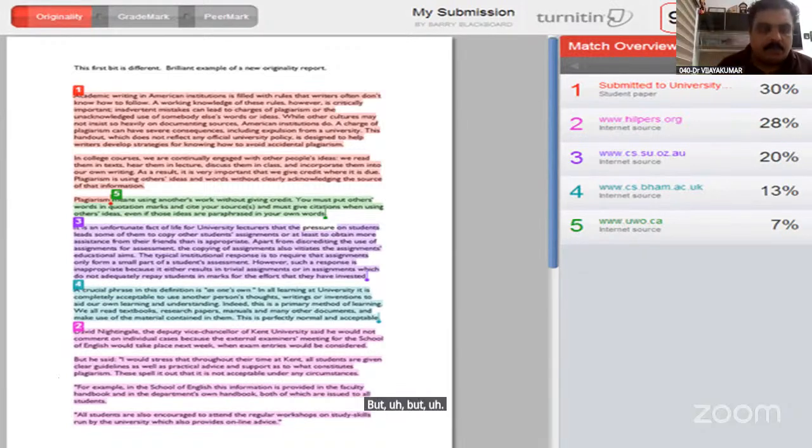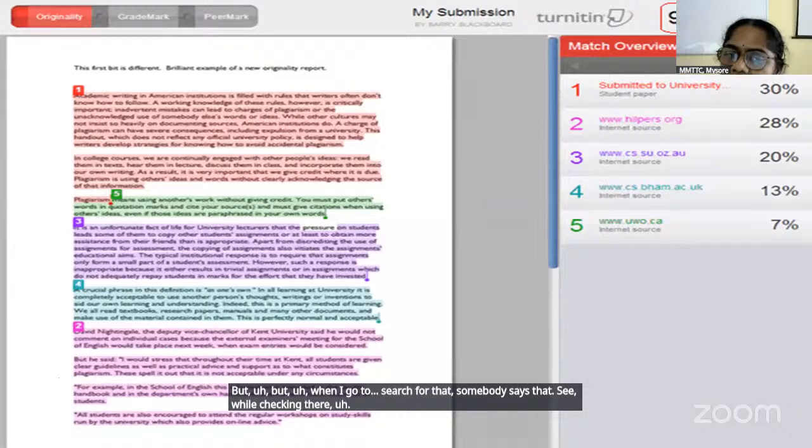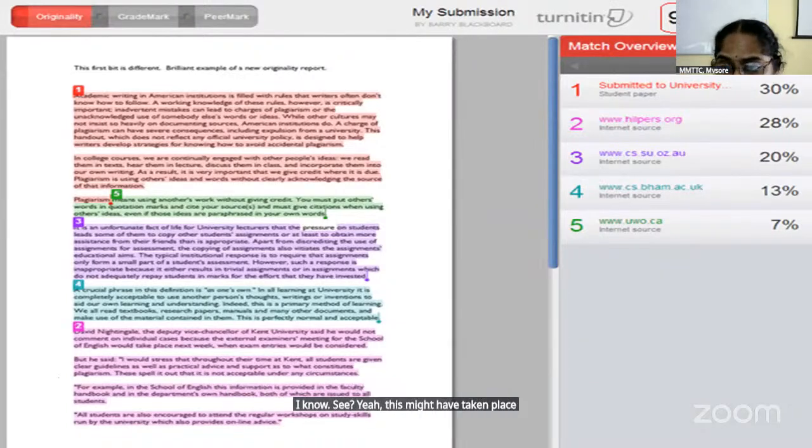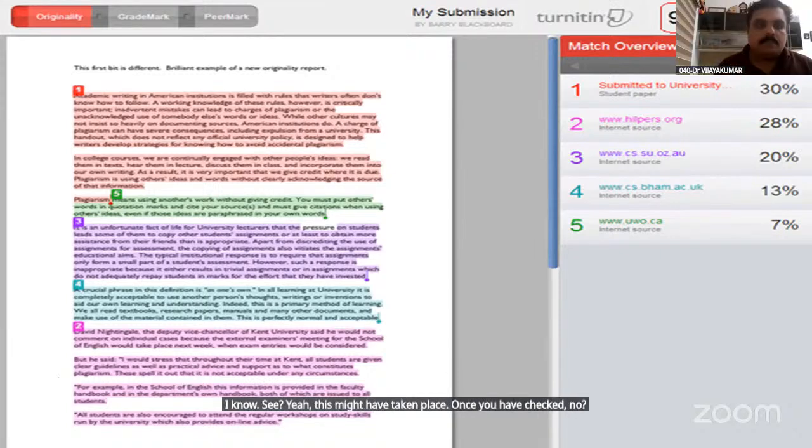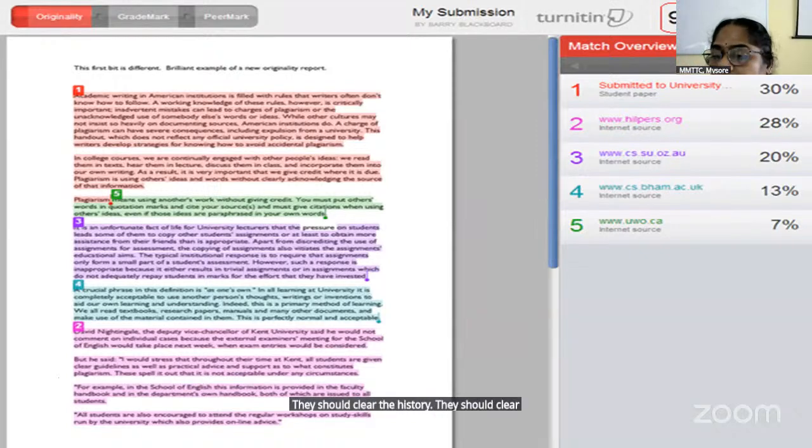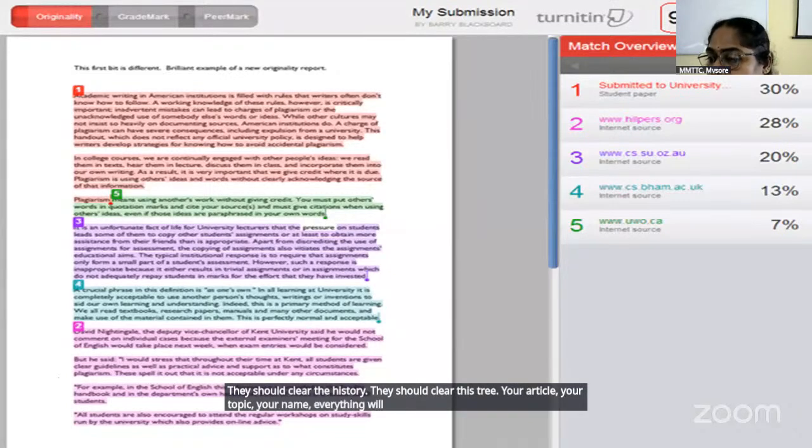But when I went to search for that, somebody says that while checking there is some procedure. Yeah, this might have taken place. Once you have checked, no? Yeah, ma'am. They should clear the history. Yeah, they should clear the history. Your article, your topic, your name, everything will be saved there in the cloud.